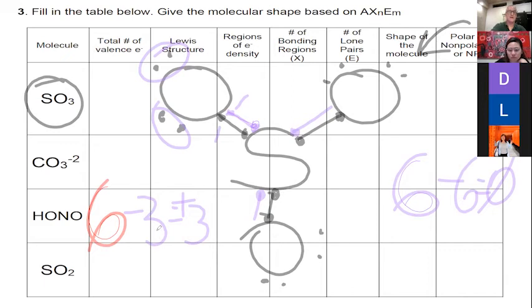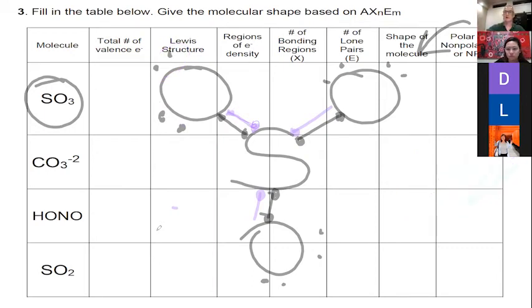But I can see people are going to have an issue with this, because how many total electrons, not valence electrons, how many total electrons does the sulfur have now? 12. 12.